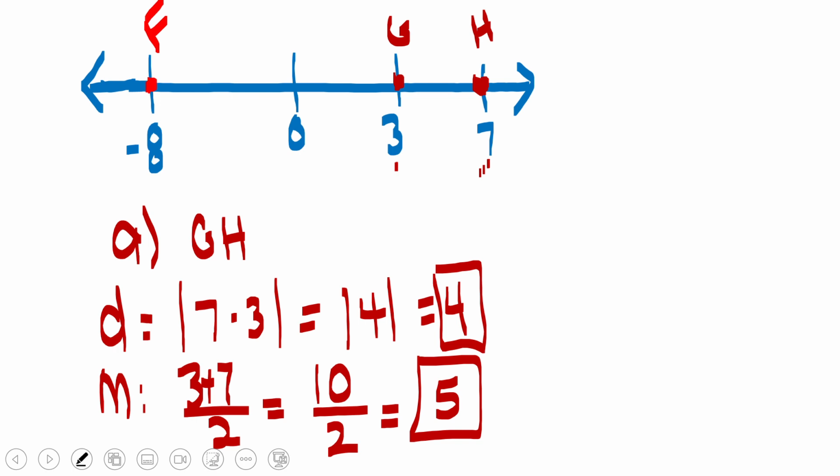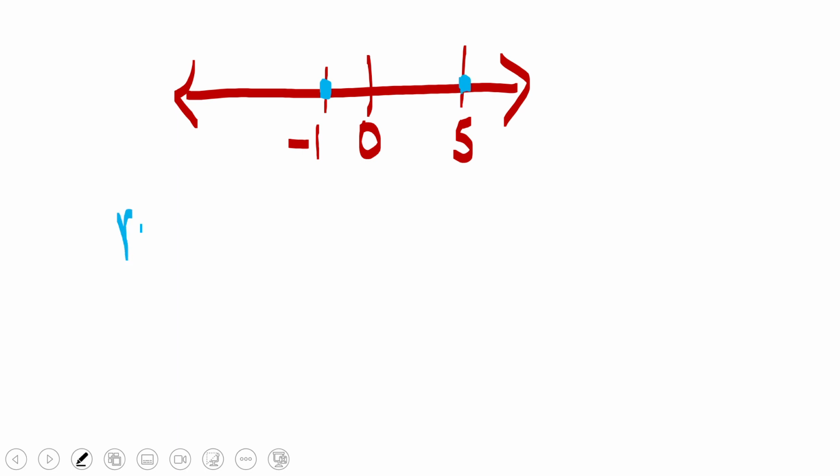All right. So in the reverse, if you're asked to write an absolute value equation for the graph, just where two numbers are plotted, such as this, and you say, okay, there's a number plotted at -1 and a number plotted at 5, okay, you still can find the midpoint and the distance.